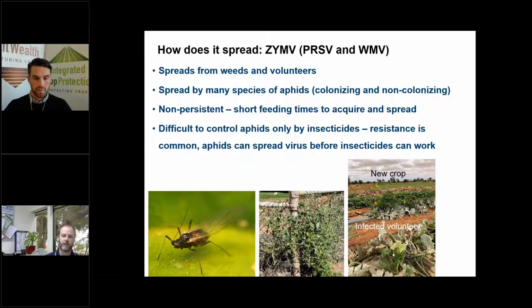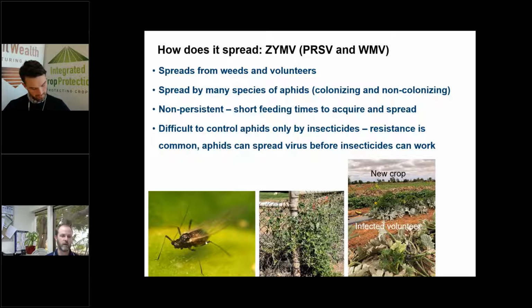The whole plant is virus infected, and it's a really potent source of spread into some of the older crops which have been planted a few meters away. And usually we say with these volunteers and weeds, within about 50 meters of crops is where we've seen these cucurbit polyviruses spreading into crops pretty efficiently.